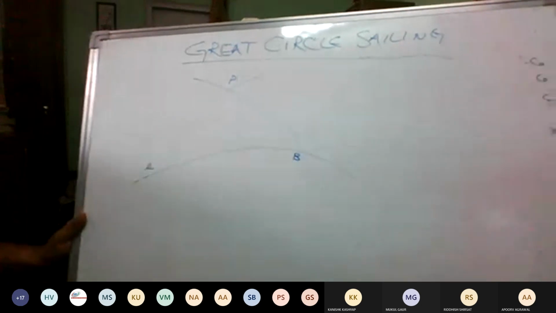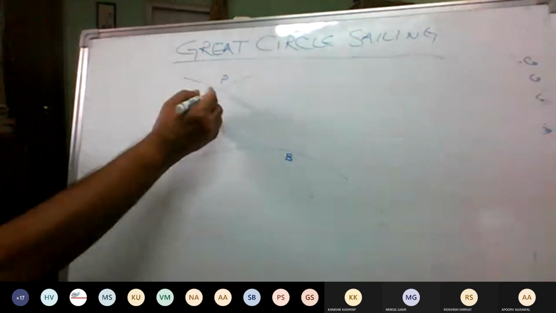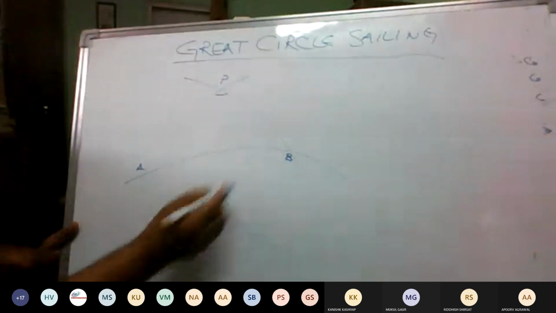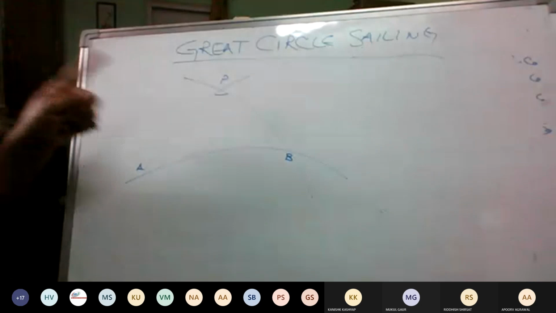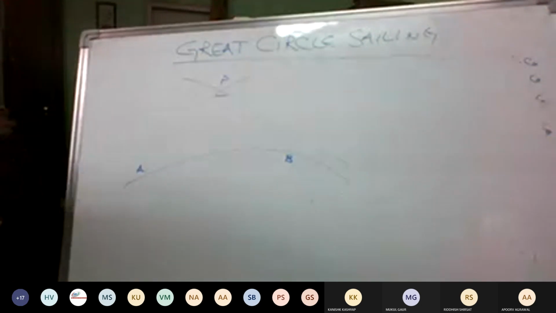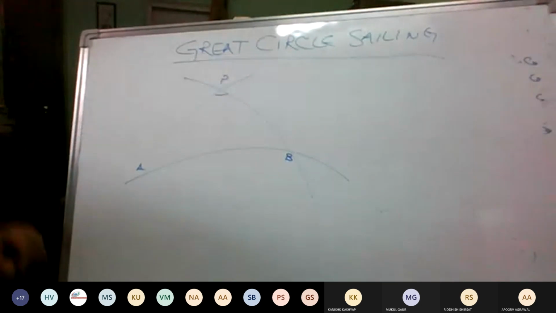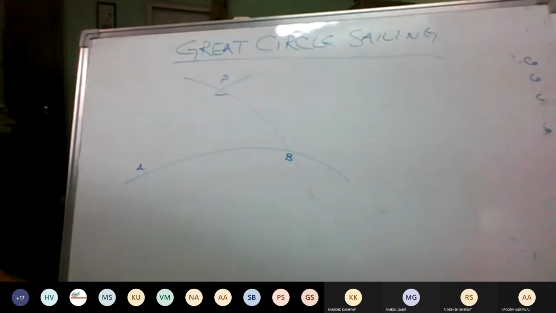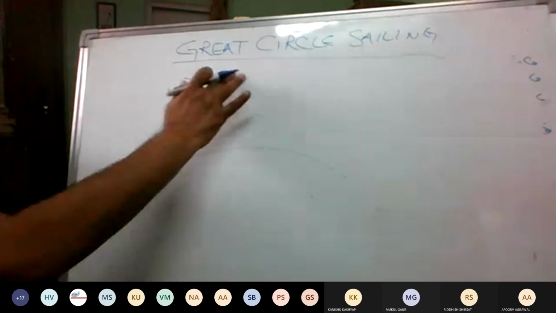spherical triangle, the ratio of the sine of an angle and the sine of its opposite side bears a constant ratio. What it means, let's see, मैं ABC कर दूँ.